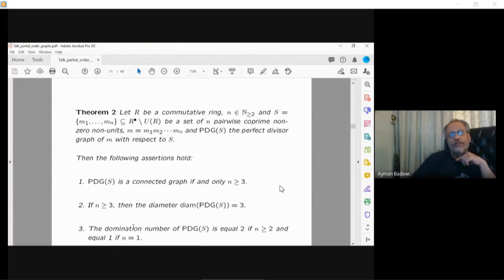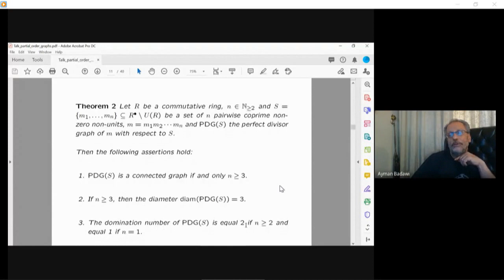And the domination number is equal to 2 if n is bigger or equal to 2, and equal to 1 if n equals 1. Okay?